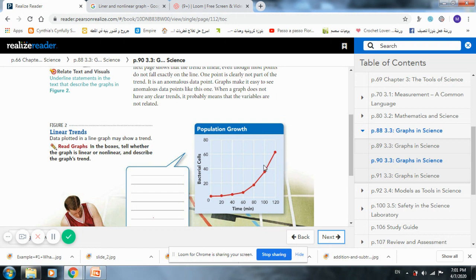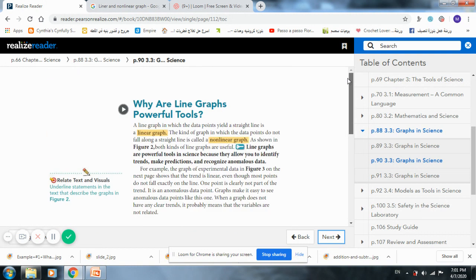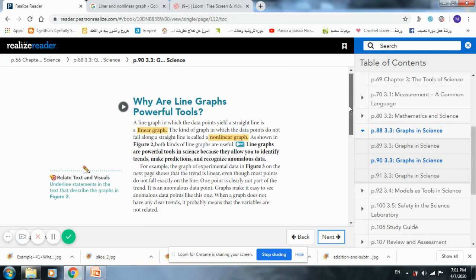And if I take 20, about one or two bacterial cells will grow. So this is what we mean by linear and nonlinear graphs.